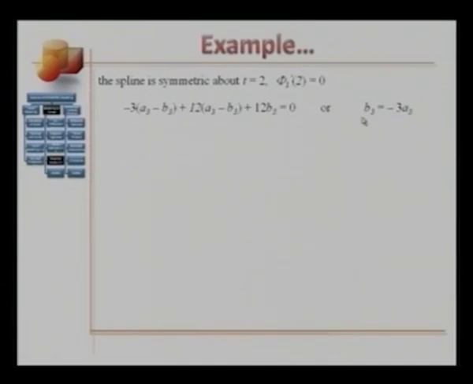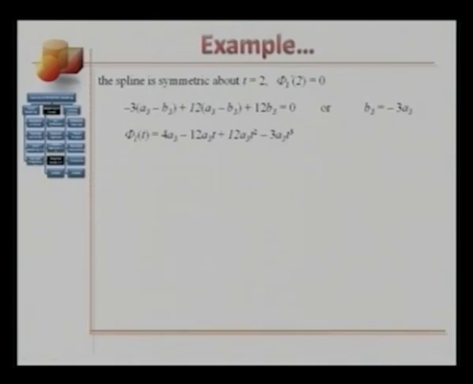We can express b3 as minus 3 times a3, which would make phi 1 of t as 4 times a3 minus 12 times a3 times t plus 12 times a3 times t squared minus 3 times a3 times t cubed.